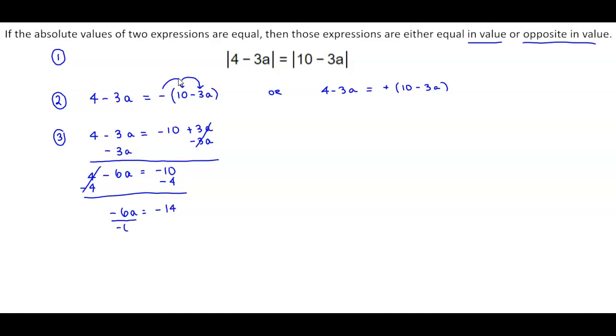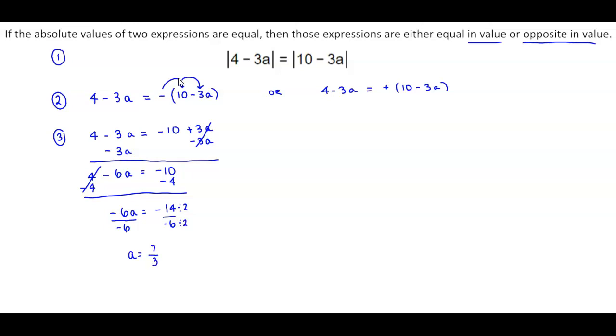And then divide both sides by negative 6. So a is going to equal, well, a negative divided by a negative is a positive, and they both have a common factor of 2. So if we divide both the numerator and denominator by 2, we end up with 7 over 3.